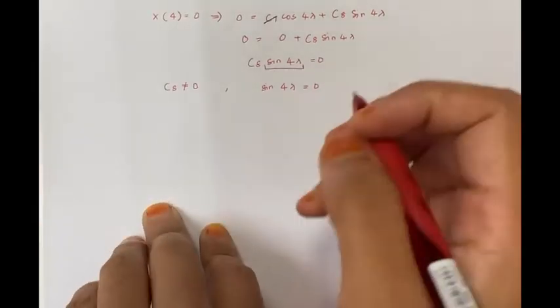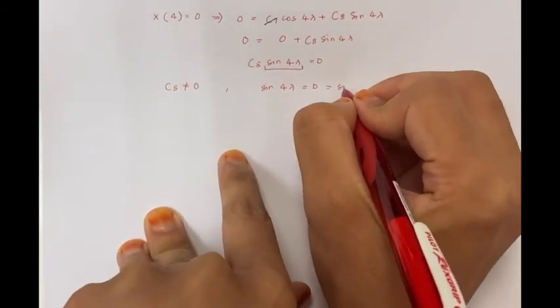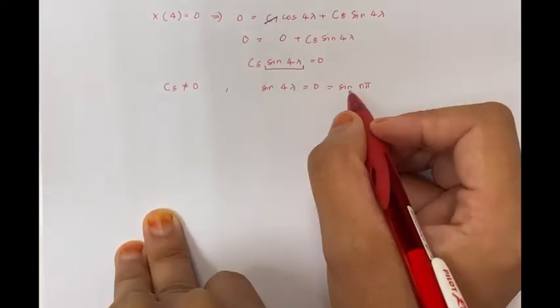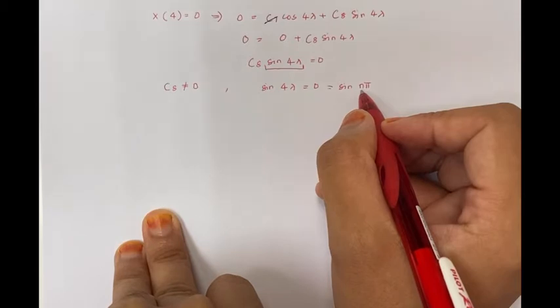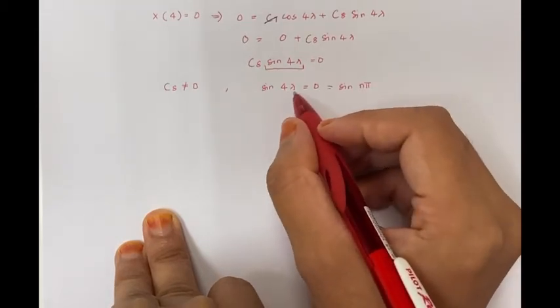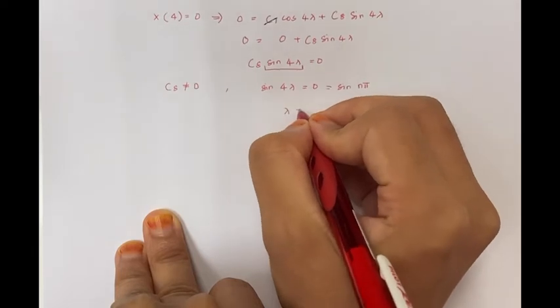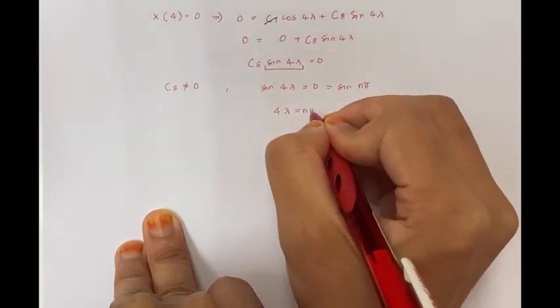As you know, sin 4 lambda equal to 0 is equal to sin n pi, because sin 0, sin pi, sin 2 pi, sin 3 pi are all equal to 0. So 4 lambda equal to n pi.